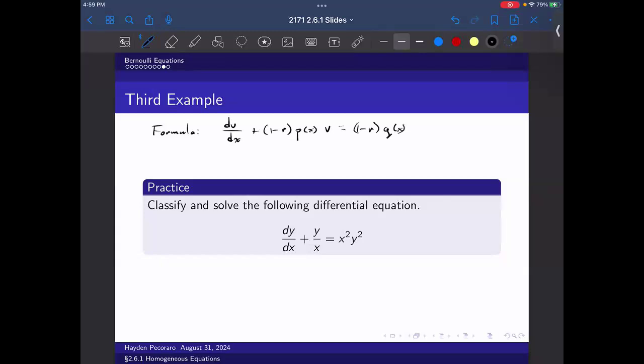Okay. And so all we have to do if we know this is then find our integrating factor and write down the solution. So let's see, our integrating factor in this case would be e to the antiderivative of 1 minus r p of x dx. Okay. It saves us a little bit of work.